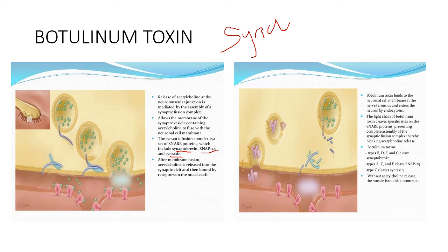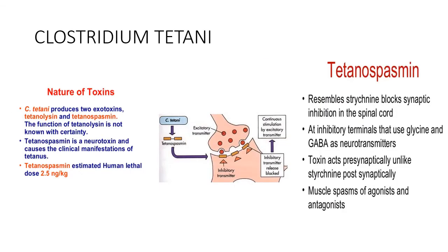Very, very important point. So what is occurring in tetanus? There are two toxins produced by Clostridium tetani, tetanolysin and tetanospasmin. Tetanospasmin resembles strychnine, but the difference is that tetanospasmin acts presynaptically, whereas strychnine acts postsynaptically.